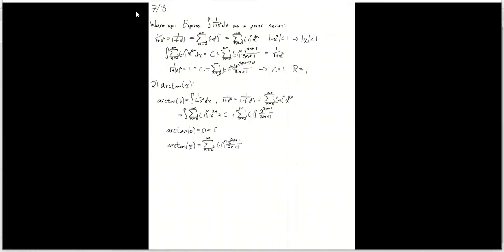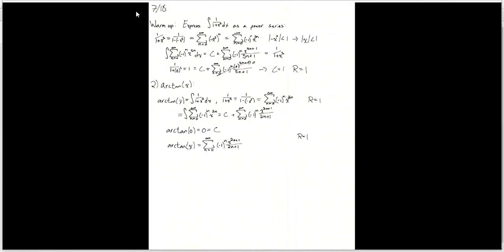Now, we also remember that from up here, we have that the radius is 1. Because we integrated, the radius is 1. So as long as we're within this interval, we're going to be okay, right?